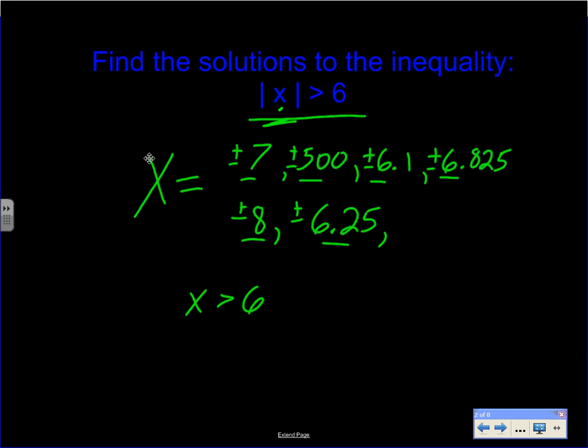Or we could say x has to be less than -6. And that would be all those negative numbers that we just discussed. All those -8, -6.25, -500, all those numbers are less than -6. So here's your two answers. To solve this out, x has to be greater than 6, or x has to be less than -6.